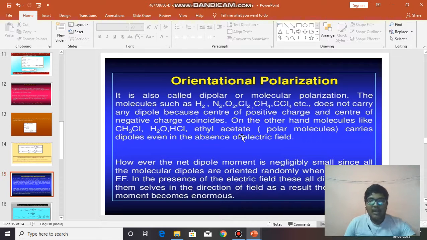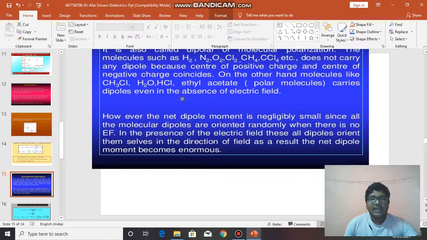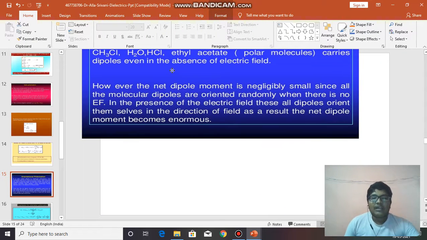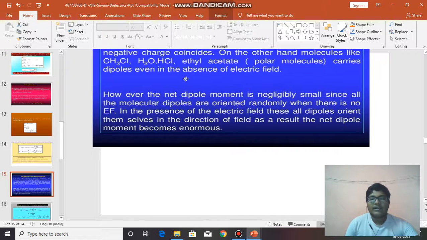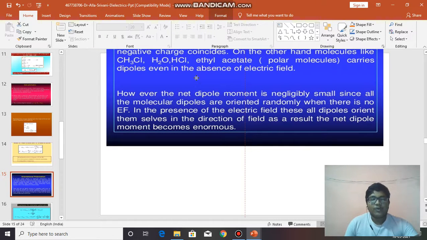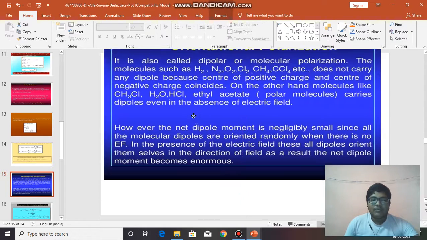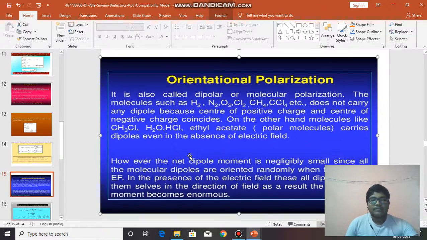On the other hand, molecules like CH3Cl, H2O, HCl, ethyl acetate carry dipoles even in the absence of an electric field. However, the net dipole moment is negligibly small since the molecular dipoles are oriented randomly. When there is no electric field, they stay random; in the presence of an electric field, all these dipoles orient themselves in the direction of the field. As a result, the net dipole moment becomes enormous.